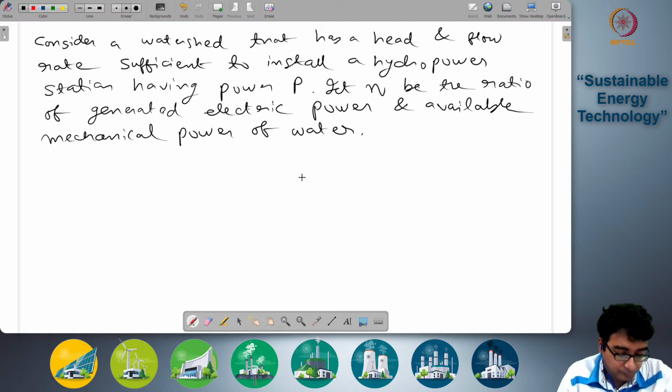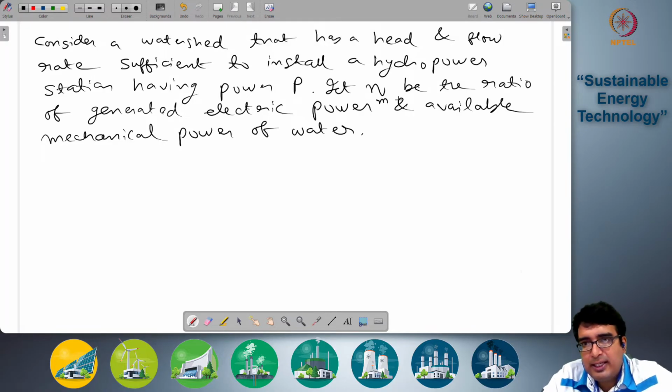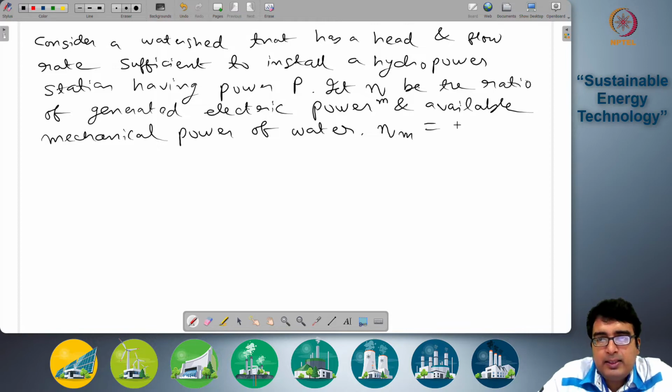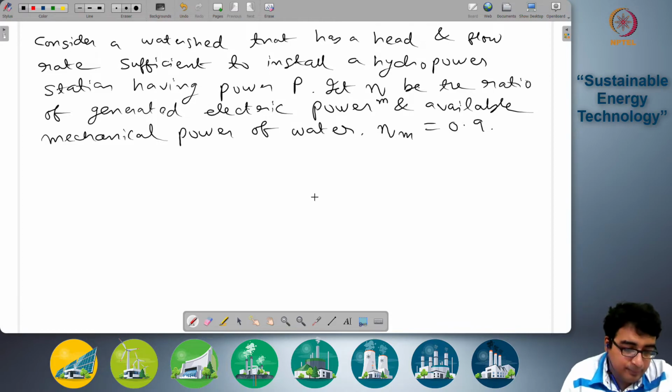This is called eta m, the mechanical efficiency. It's a ratio of the generated electric power and the available mechanical power of water. We will assume that eta m is 0.9.